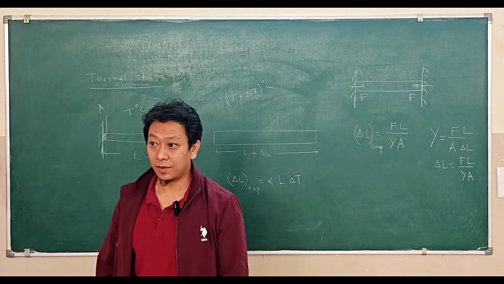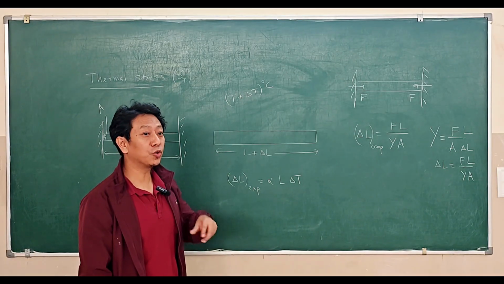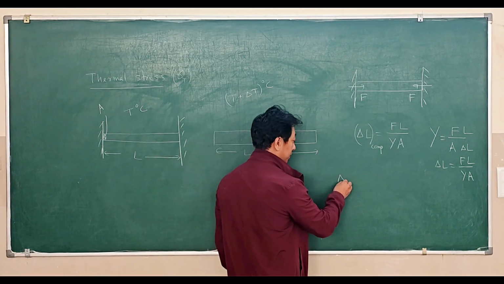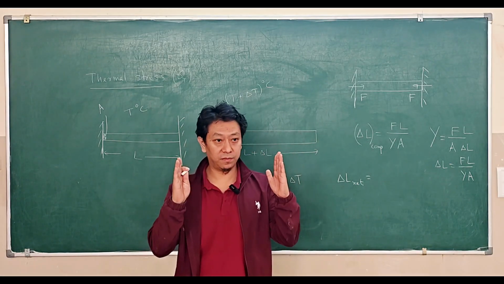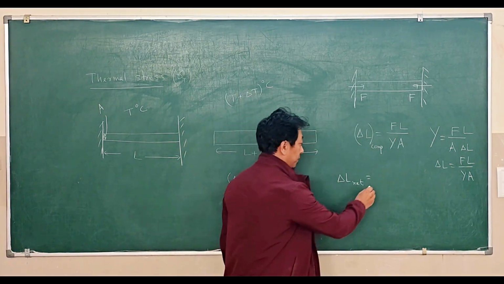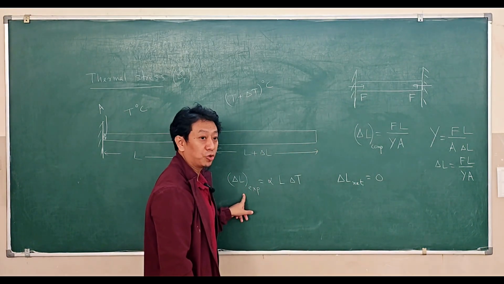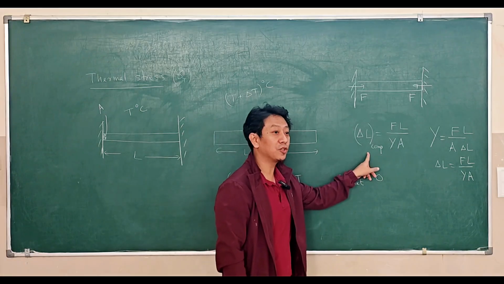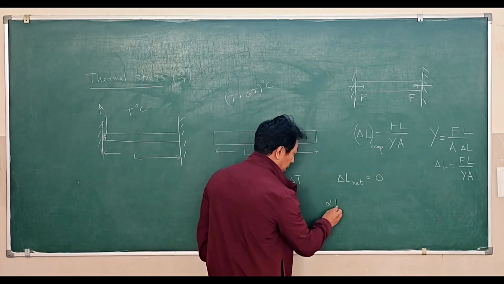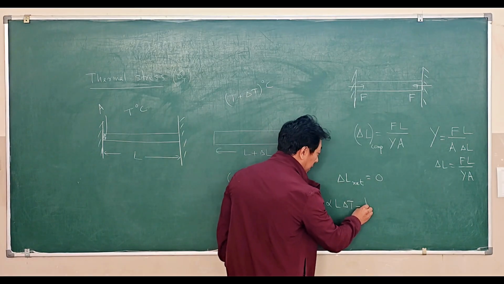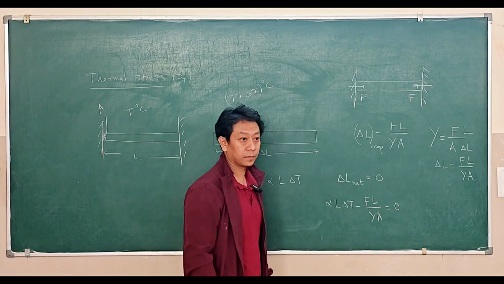Now this change in length is compression or expansion? Compression. Now because these walls are fixed, what should be the total change in length? Net change in length should be how much for the rod? 0. And according to formula, this much expansion should have happened, this much compression should have happened. So what is the total expansion? Alpha L delta T minus FL by YA.